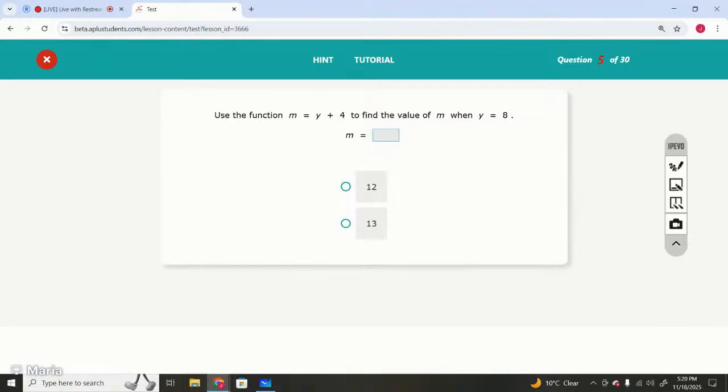Use the function m equals y plus 4 to find the value of m when y equals 8.